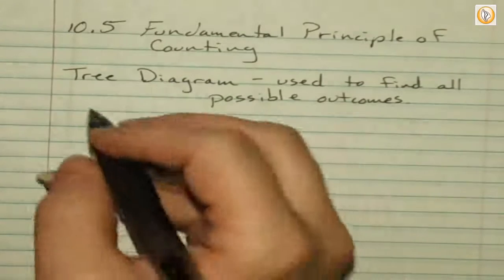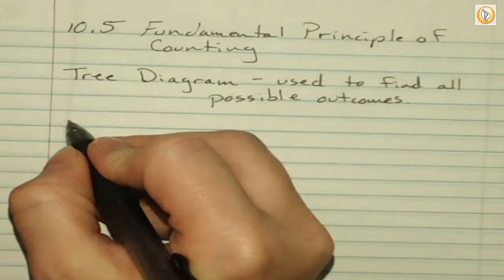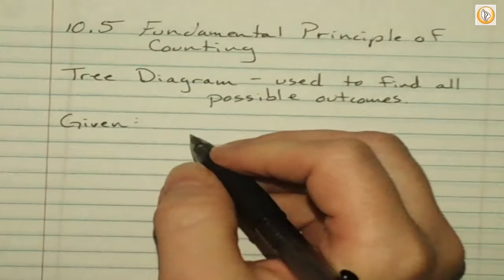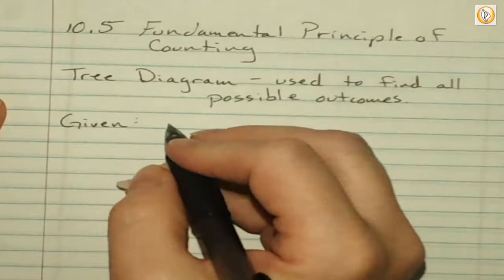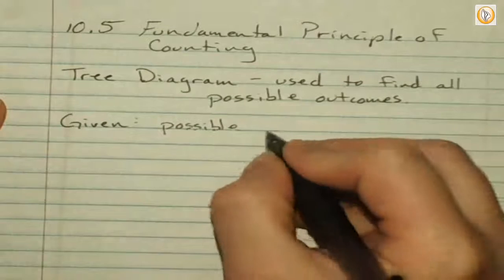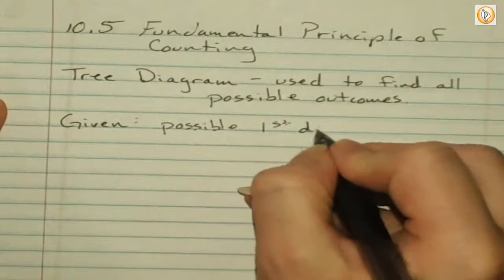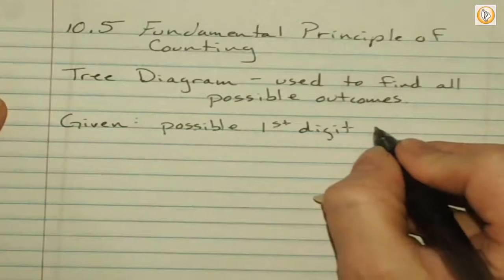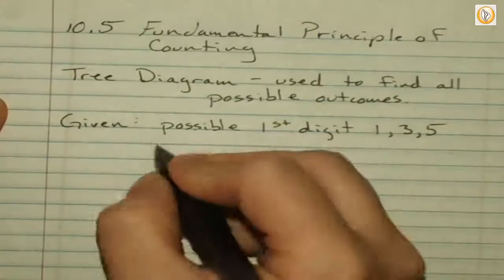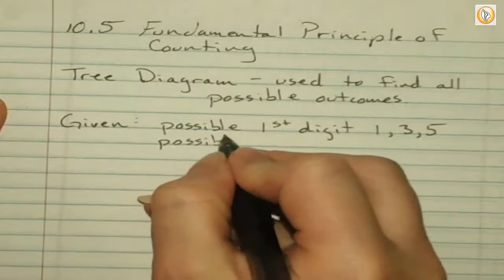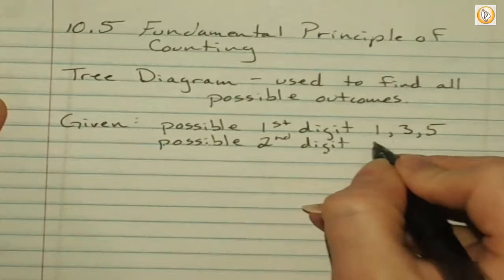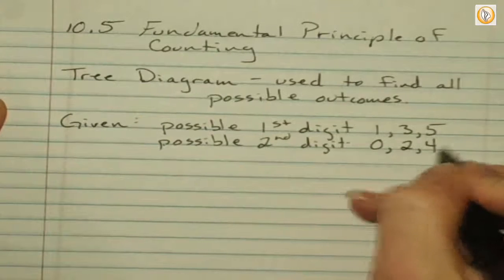Okay. Let's say you're given what's the possibility of first digit being 1, 3, or 5, and the possibility of second digit being 0, 2, or 4.